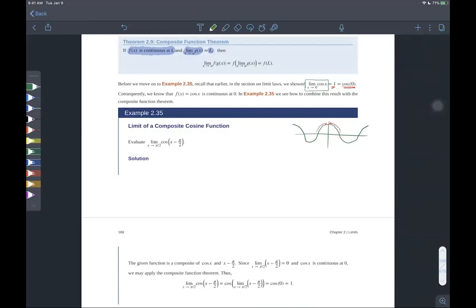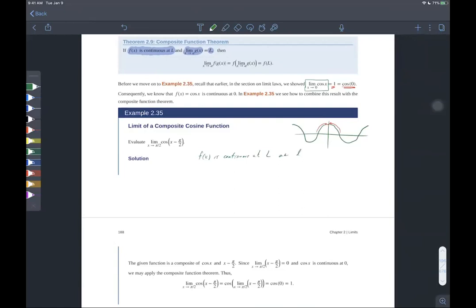So let's write down our composite function theorem one more time. f of x is continuous at L. So that's one thing that we need.